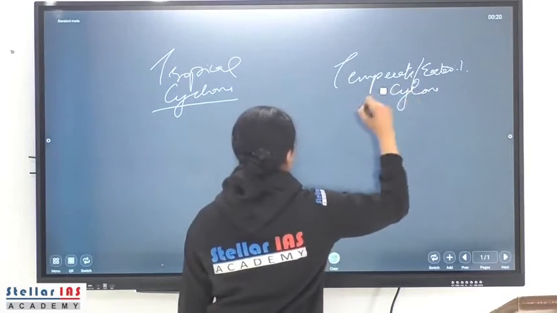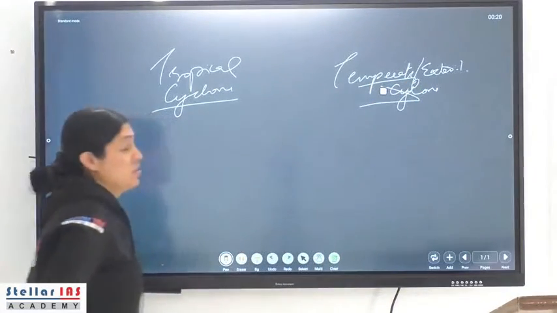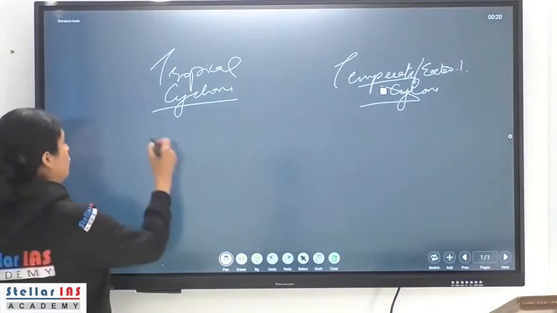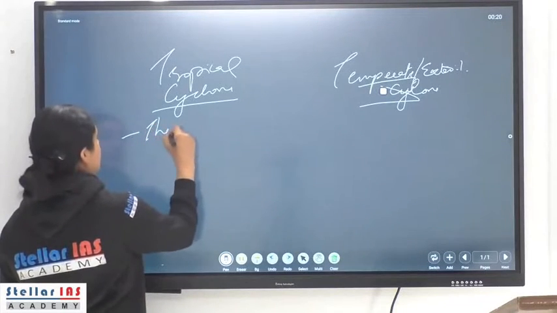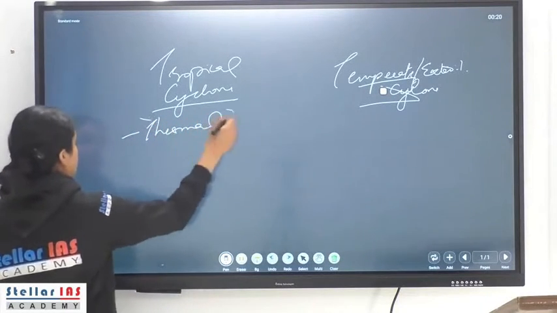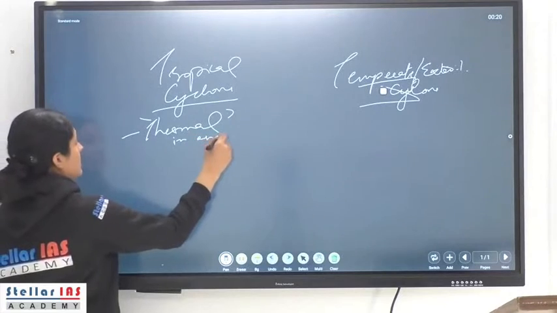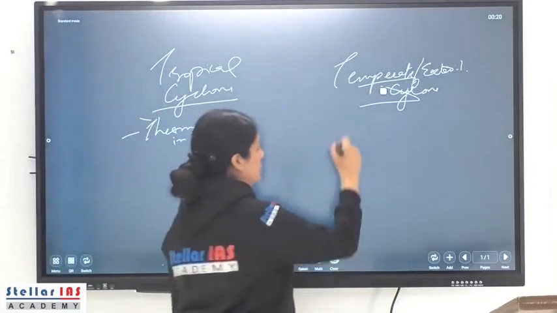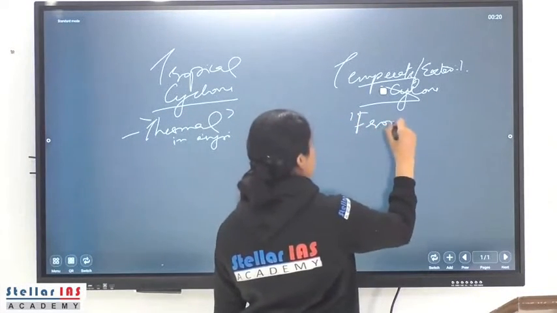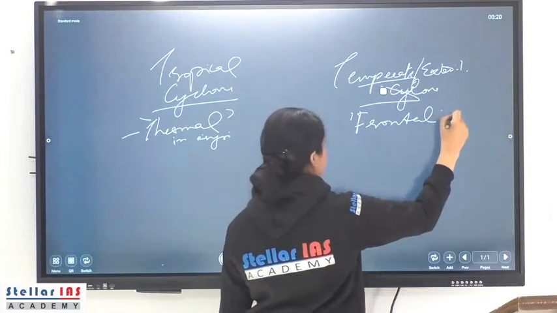So the first is based on the point of origin. Tropical cyclones, as we have seen, are thermal in origin, whereas the extratropical cyclones, they are frontal in origin, right?